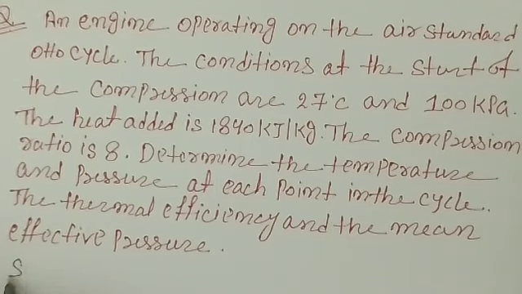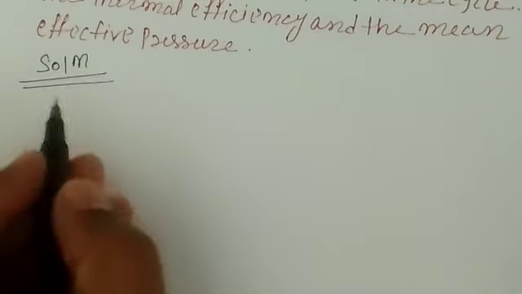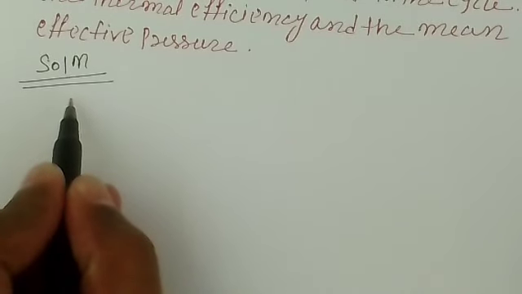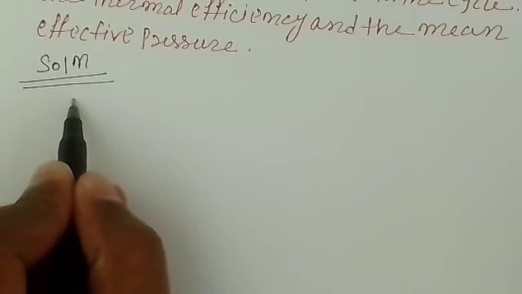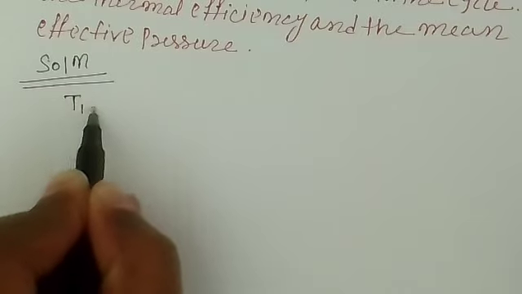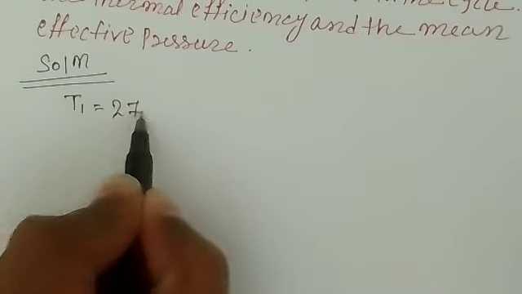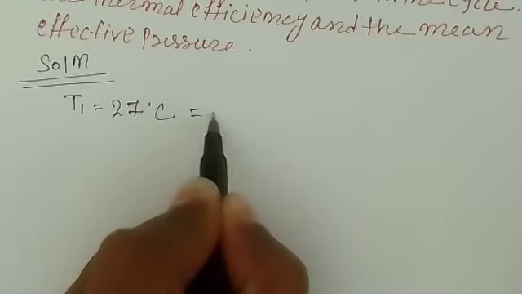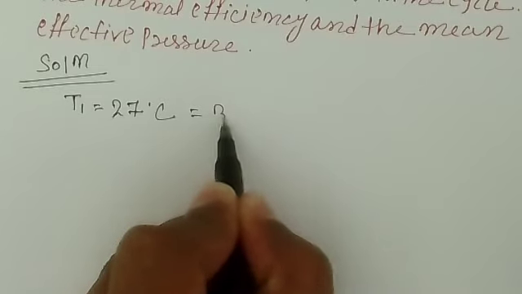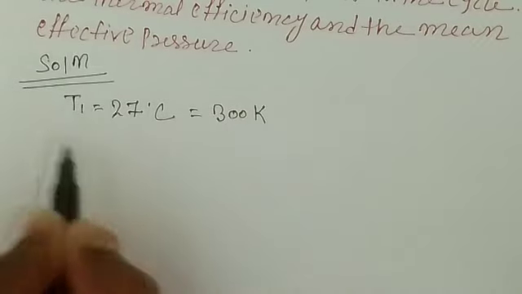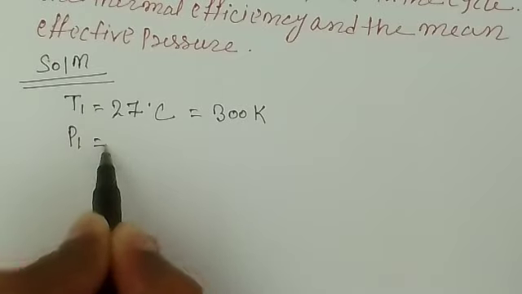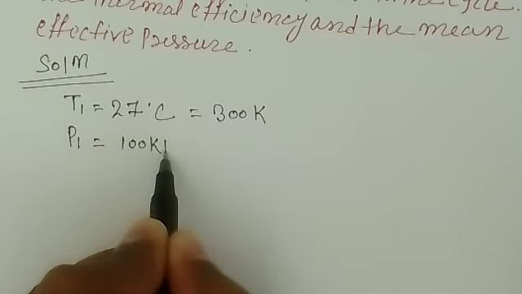So our solution is, first of all, we will write down the given data. The given data is an engine operating on the air standard Otto cycle. The condition at the start: T1 is equal to 27 degrees centigrade, meaning 27 plus 273, which is 300 Kelvin, and P1 is equal to 100 kilopascal, right?